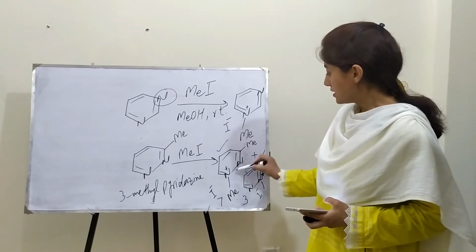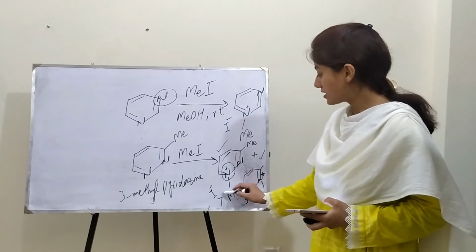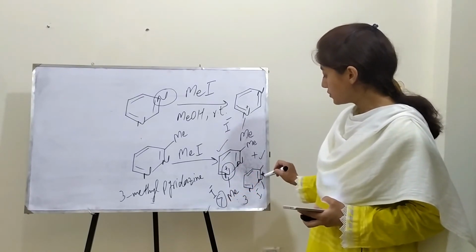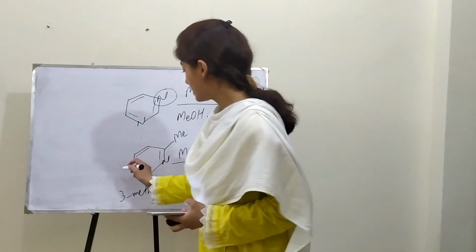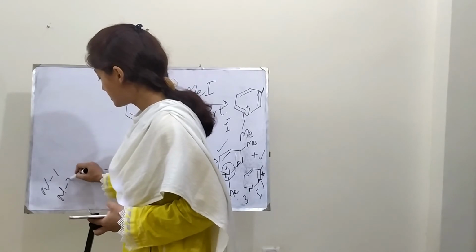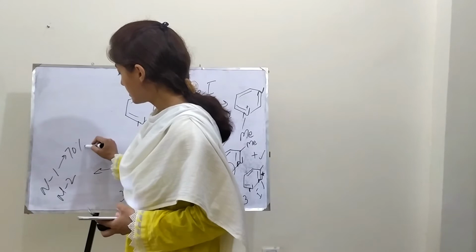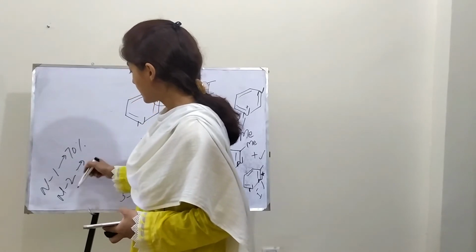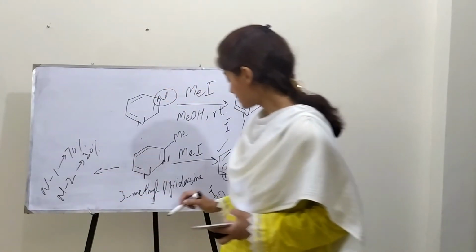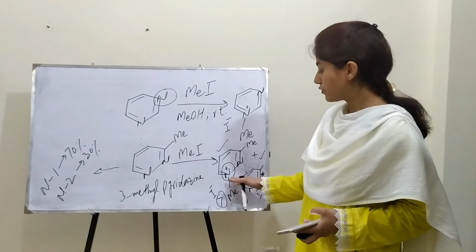So now the nitrogen 1 gets alkylated in higher proportion, but the nitrogen 2, here we write them as nitrogen 1 and nitrogen 2. Nitrogen 1 is 70% and nitrogen 2 gets alkylated 30%. So 7 to 3 is the ratio for their yield.